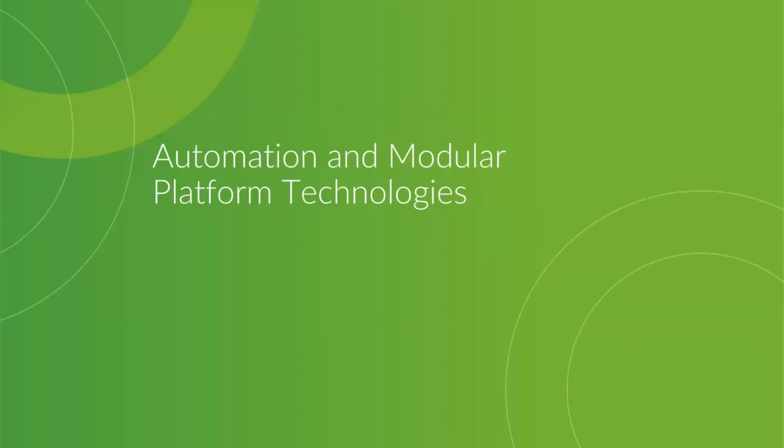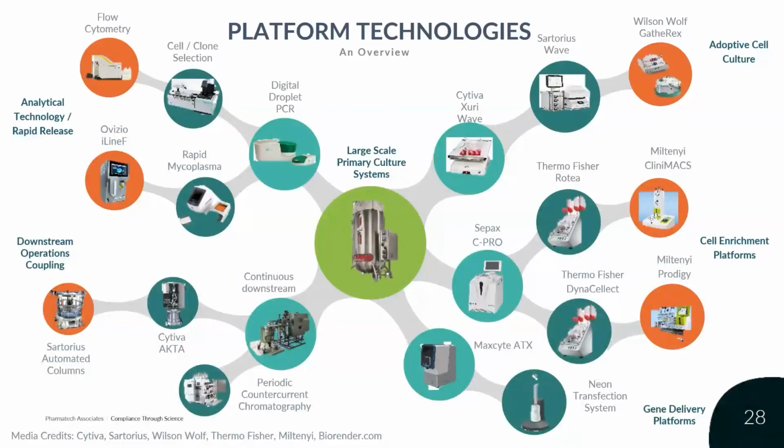And then a couple of things in quick succession that I'd like to discuss before we jump into the questions are the current platform technologies that are available. If you were in the 90s right now, most of these would not exist. Unfortunately, with AAV-LV, you're never really going to get away from the large scale primary culture cell systems.